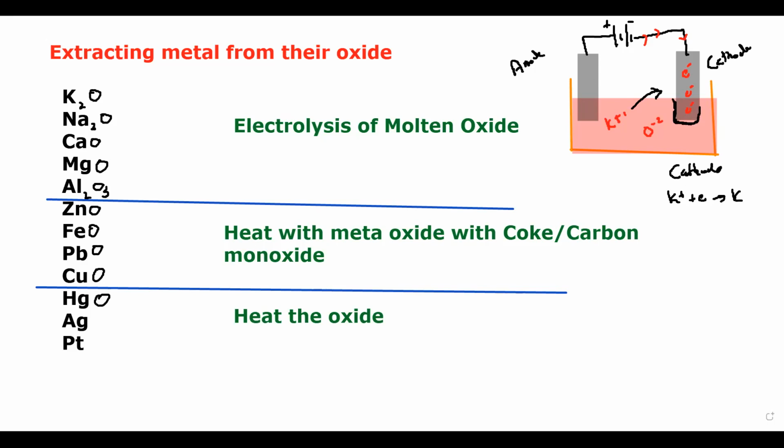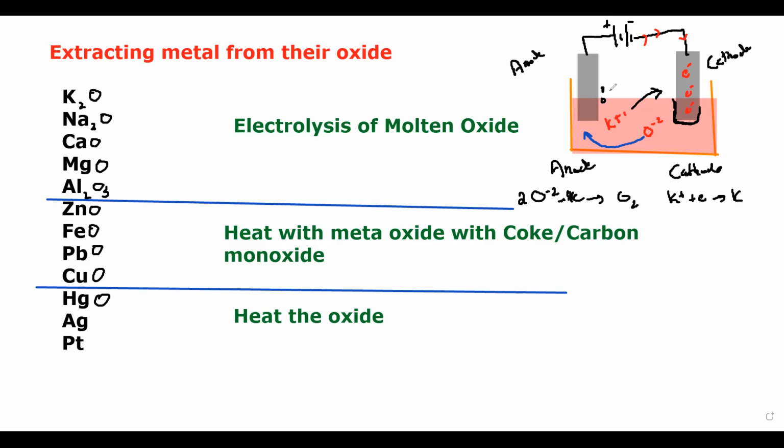And then the negative ions are attracted towards the positive terminal. So at the anode, oxide is negative, so one oxide ion will lose two electrons and form an oxygen atom. When two oxide ions are there, they will lose four electrons and form oxygen gas.